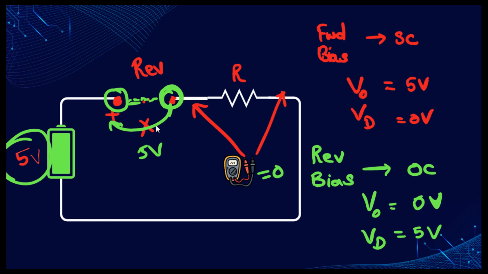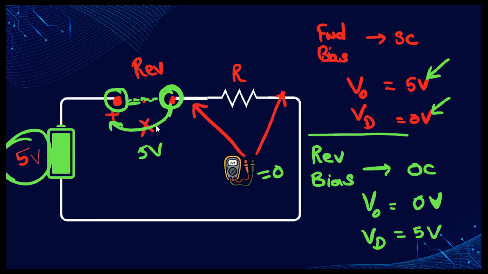So when the diode is forward biased and you are measuring the voltage across the resistor, then you will get 5 volt and the voltage across the diode will be 0 because you are short circuiting it. When it is reverse biased, it will be open circuited and V0 when measured across the resistor will reach 0 volt and the diode's voltage will be 5 volt.